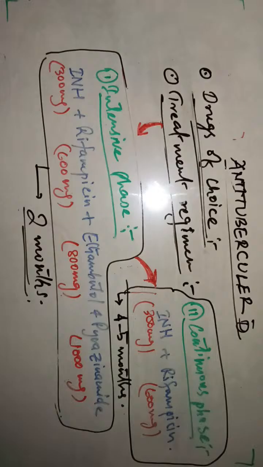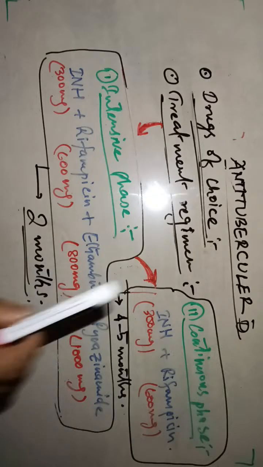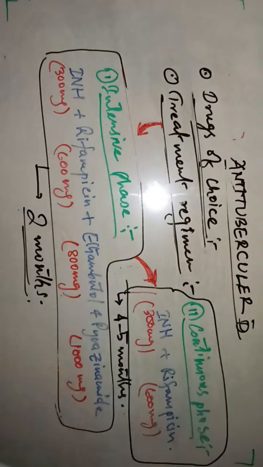In the intensive phase, more drugs will be given: isoniazid 300 mg, rifampicin 600 mg, ethambutol 800 mg, pyrazinamide 1000 mg. In the second phase, also called continuous phase, isoniazid 300 mg and rifampicin 600 mg will be given. So these are the treatment regimen.